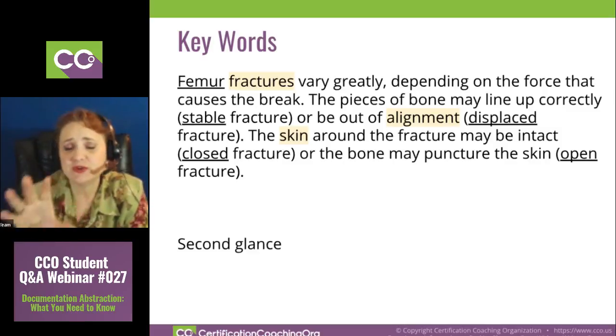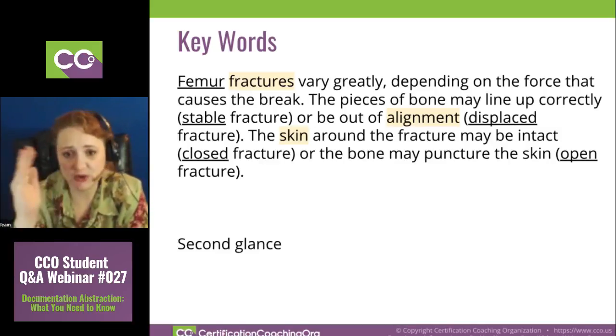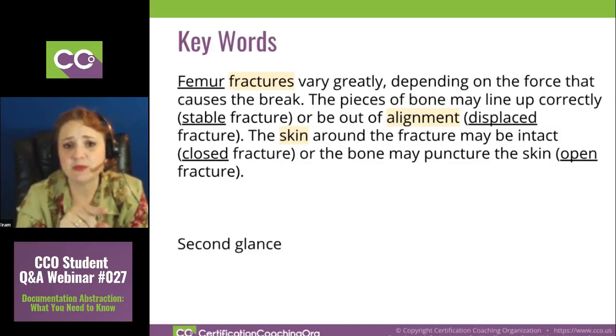So if we knew we were talking about fractures, that we're in our study guide and we're talking about fractures, the word fracture should no longer leap off the page at us. That can be omitted. That's behind the scenes now, because we know it's all about fractures. But what we don't know is that it's about a femur fracture. That's specific. And we also parenthetically know we're going to talk about something that's stable, displaced, closed, and open.